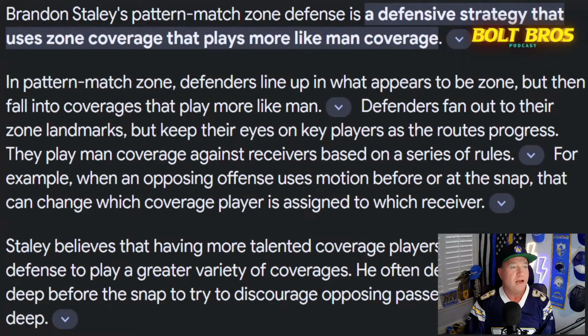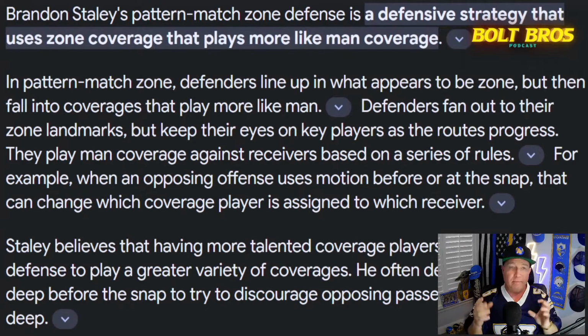They play man coverage against receivers based on a series of rules. For example, when an opposing offense uses motion before or at the snap, that can change which coverage player is assigned to which receiver. That is extremely important, guys, because a lot of these wide receivers run choice routes, right? So they come up to the line, and depending on if it's zone or man, they'll run a different route.